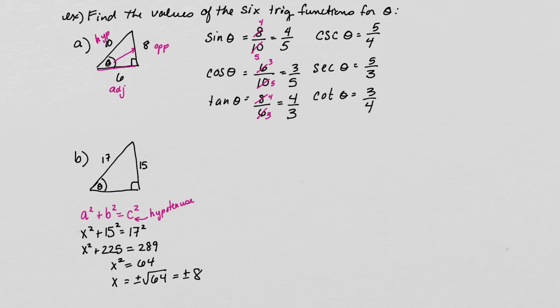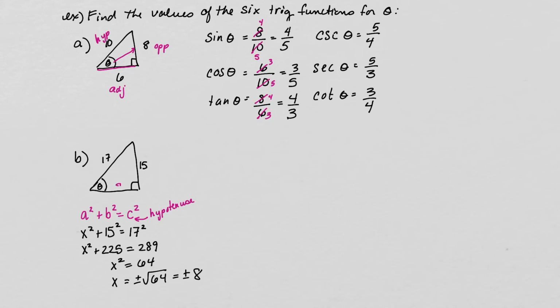For us right now, since we're just dealing with a random triangle sitting in space, we're just going to take the positive value. Later on, like next week, we're going to look at pinning our triangles into a coordinate plane, and then we might need to take the -8 as opposed to the +8. But for us right now, we just want the value. We don't care that it's negative or positive.